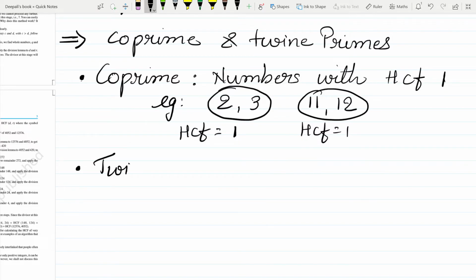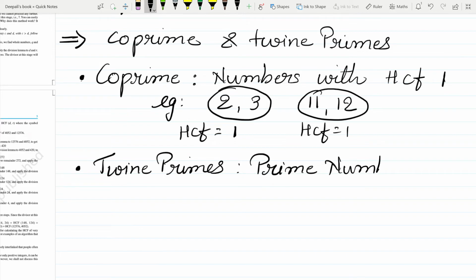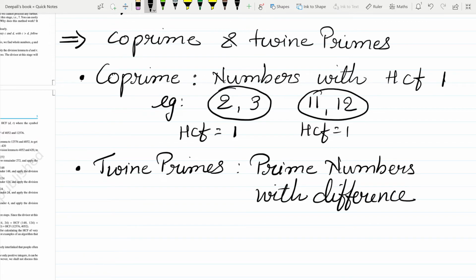Twin primes are prime numbers which have a difference of 2 between them. So prime numbers with a difference of 2 are called twin primes.